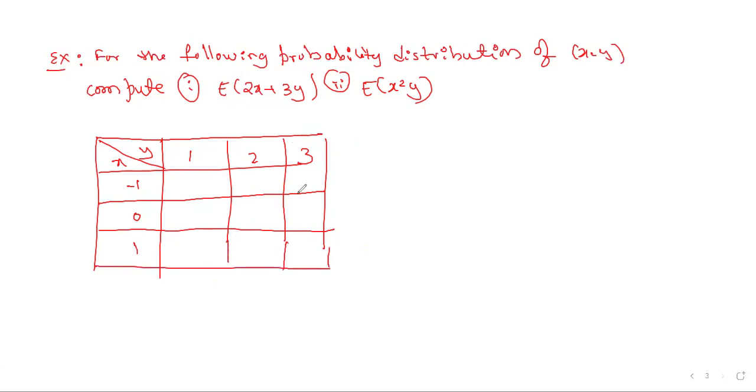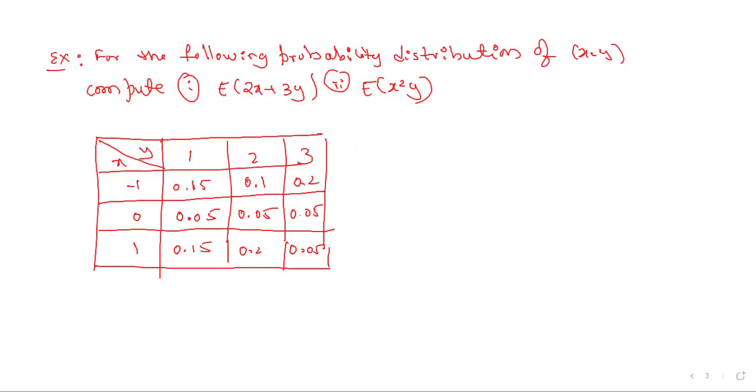The values given are 0.15, 0.1, 0.2, 0.05, 0.05, 0.05, 0.15, 0.20, 0.05. So this is the given distribution, and we need to calculate the expected value of 2x plus 3y and the expected value of x square into y, right?